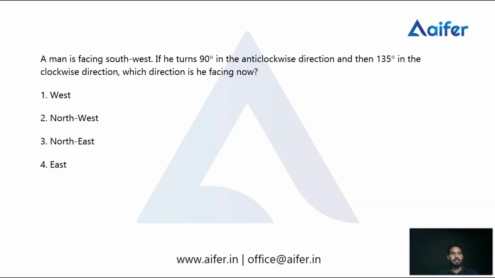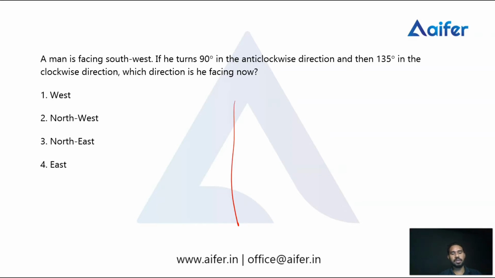Next, a man is facing southwest. If he turns 90 degrees in the anti-clockwise direction and then 135 degrees in the clockwise direction, which direction is he facing now? Okay, so these are direction-based questions.